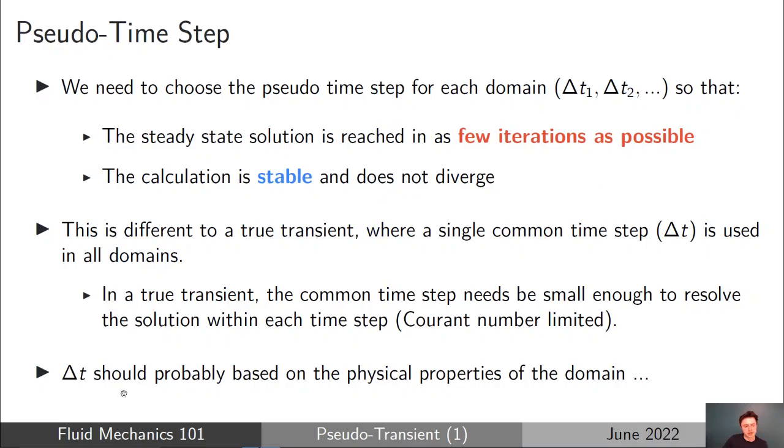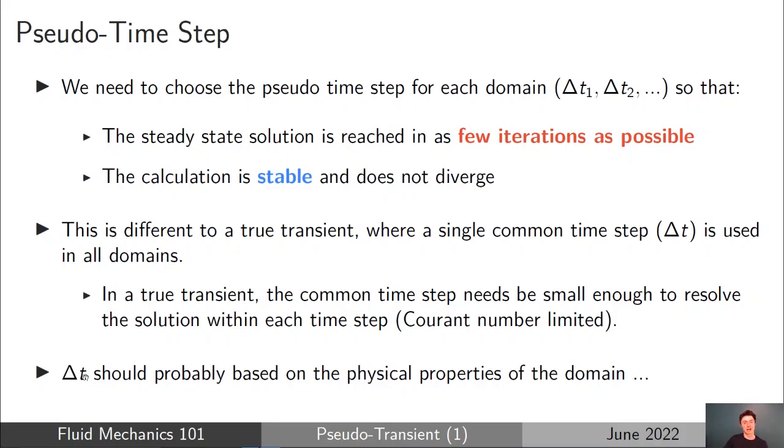But an advantage of the pseudo-transient approach is that we don't have to do that with delta t in each of the domains. We don't have to start with a default and then use trial and error. We can actually use the physical properties of the domain we're looking at to get a good estimate of what an appropriate pseudo time step size would be.